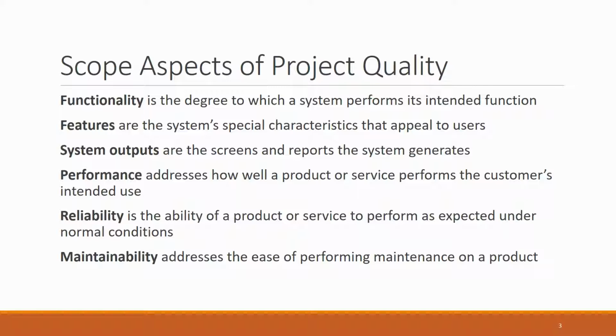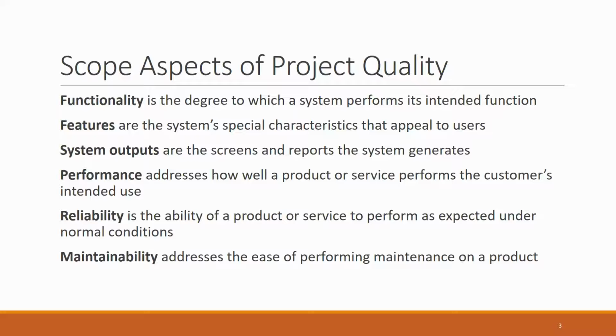Some functionality areas that we look at when we're talking about quality, some aspects of quality in a project that we might look at. So we might look at the functionality of whatever it is that we've designed. Does it meet its intended function? We might look for features.